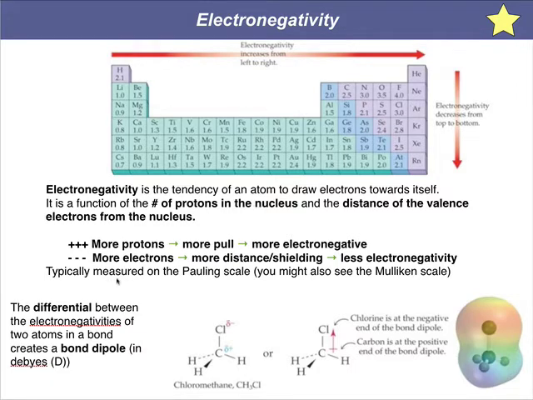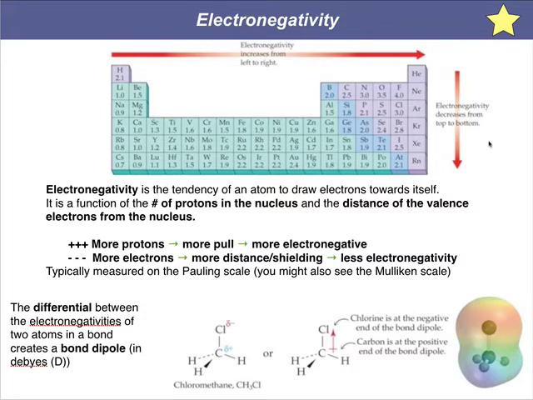But as we get more electrons, and you get those electrons farther away from the nucleus, you're going to get less attraction, less pull from the nucleus. So that's why as we go down, these electrons that are way out far away in the fifth and sixth and seventh shell are not going to be as attracted to the nucleus, so they're not going to get pulled as tightly towards the nucleus. So there's kind of a counterbalance there.